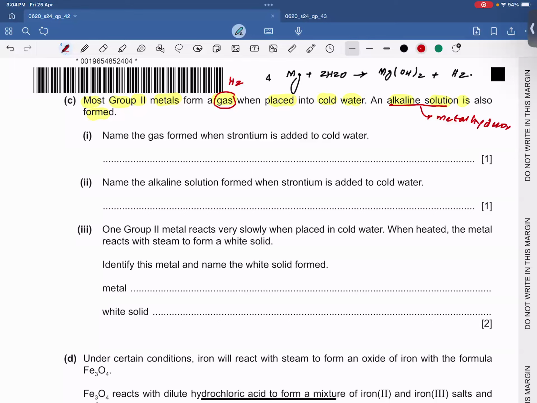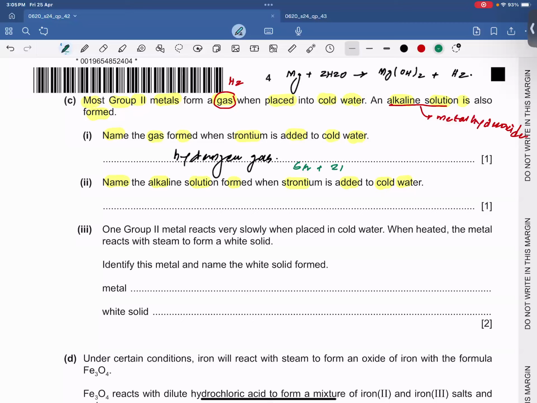Let me check the examiner. Name the gas formed when strontium is added to cold water. When strontium is added to cold water, obviously hydrogen gas is given out. Name an alkaline solution formed when strontium is added to cold water. Let's suppose this is your strontium.